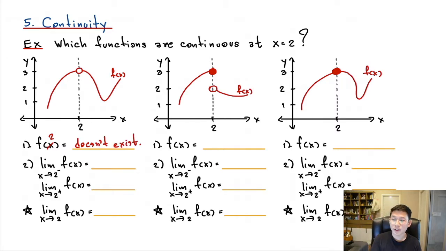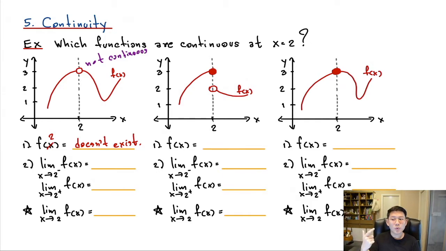From your intuition, you can just tell that the first graph is not continuous. So f(2) doesn't exist.